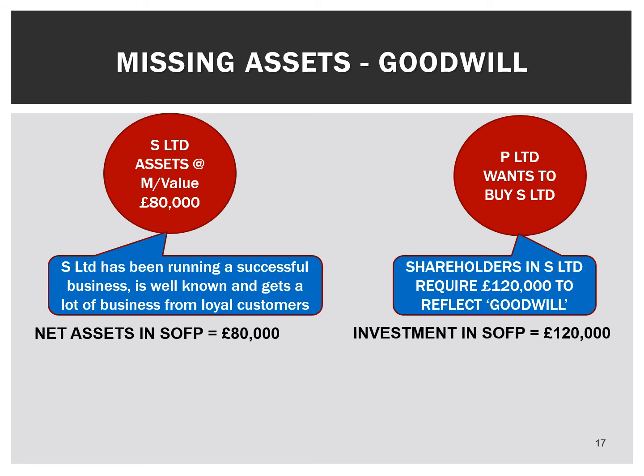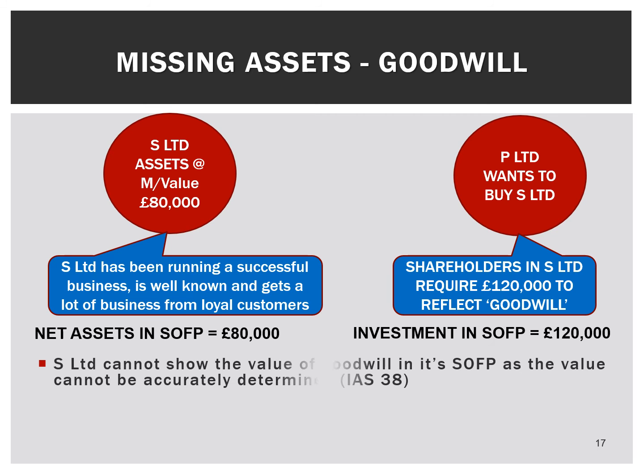The investment figure in P Limited's statement will be 120,000, and clearly there's a difference there. Now if you remember from IAS 38, intangible assets, S Limited can't show the value of the goodwill in its own statement, because until this sale takes place the value of the goodwill can't be accurately determined.